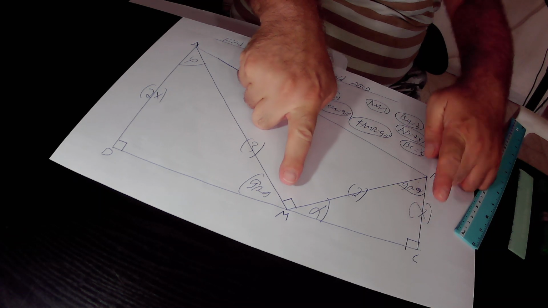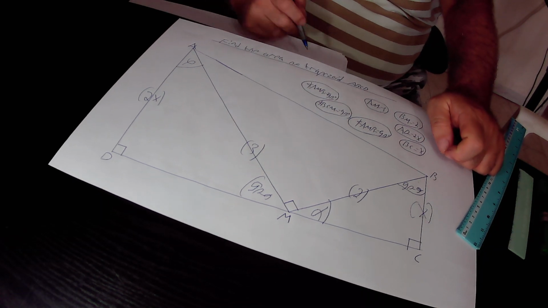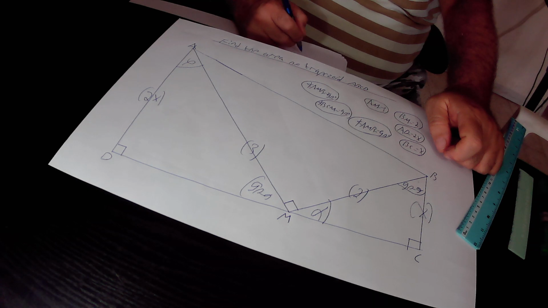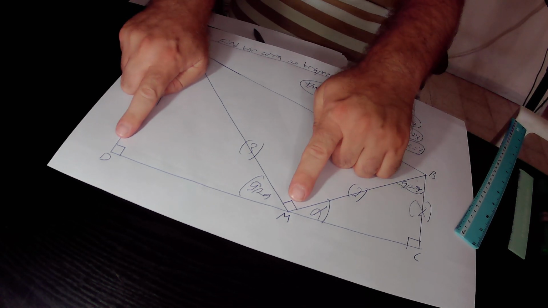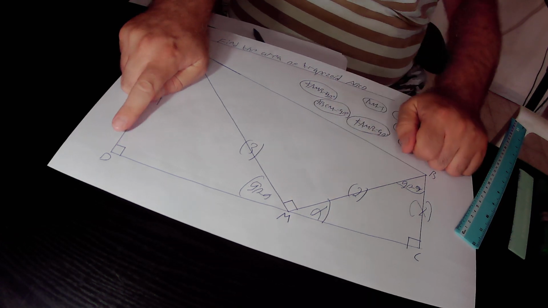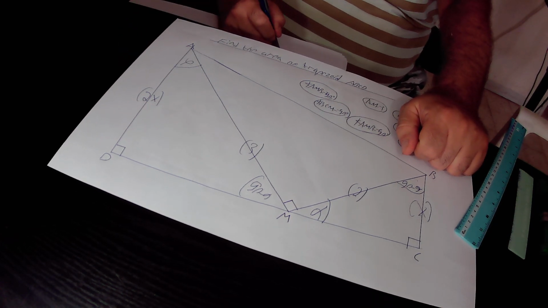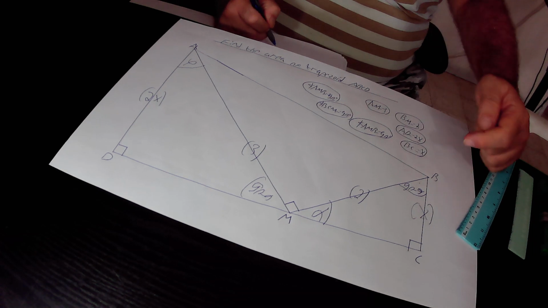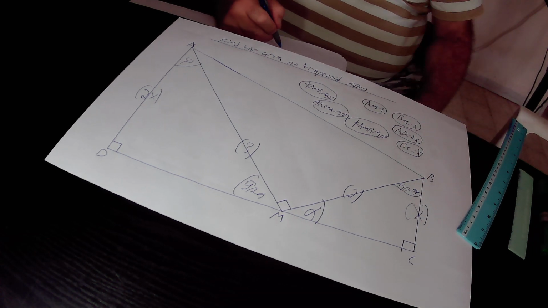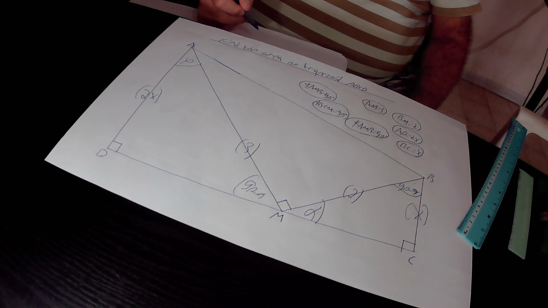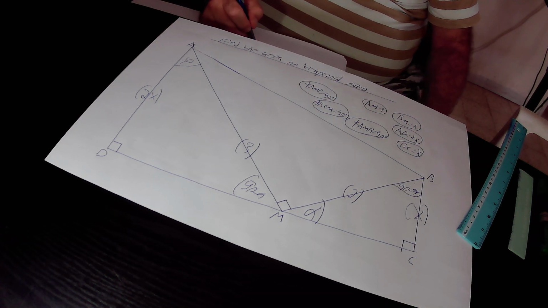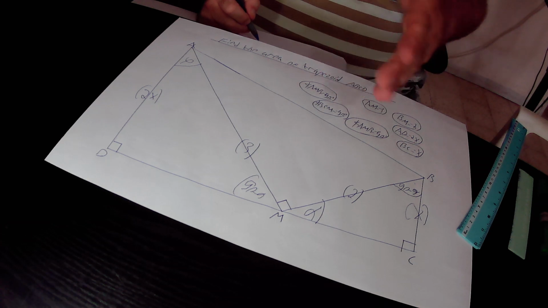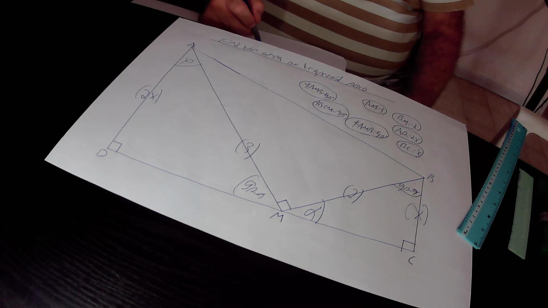MC is the unknown side, so we leave it as it is. It equals DM over BC. DM is the unknown side, so we leave it as it is. BC is x. And it also equals AM, that is 3 according to what is given in the question, over BM. BM is 2, also according to what is given in the question.